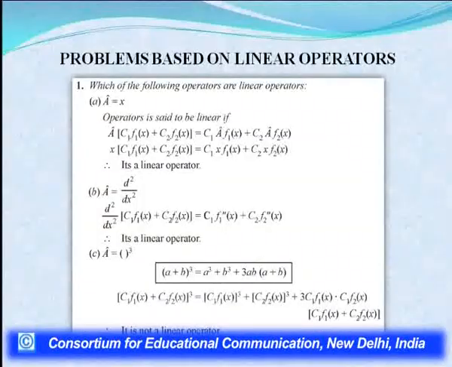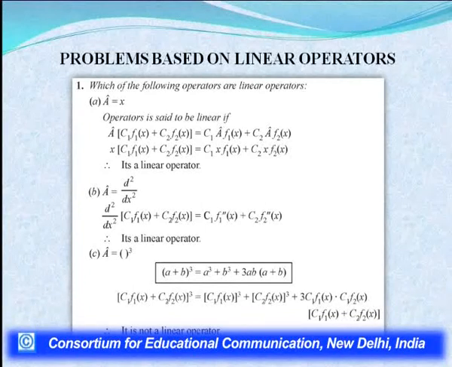Now suppose our operator is a cube. We have to take the cube of some function. Now we have a formula that every student must have read in class 6 or 7: (a+b)³ = a³ + b³ + 3ab(a+b).